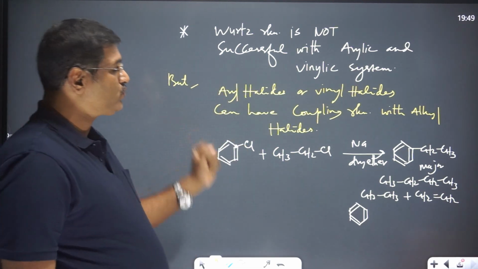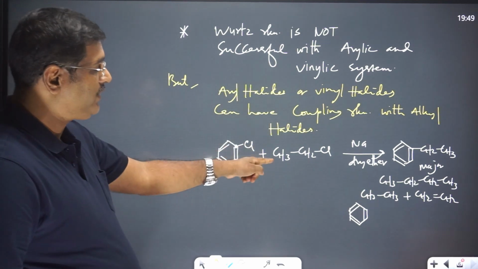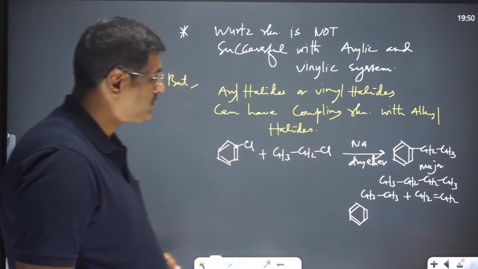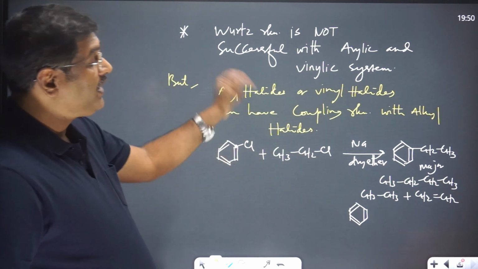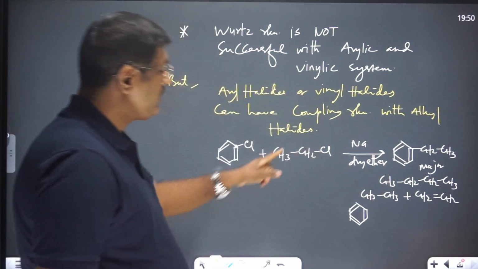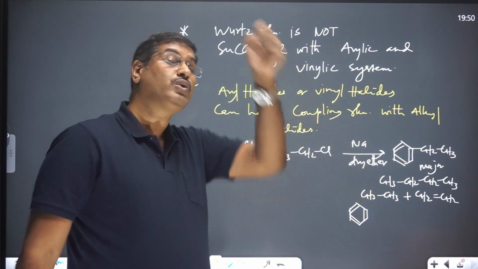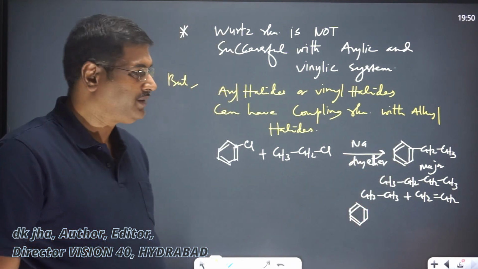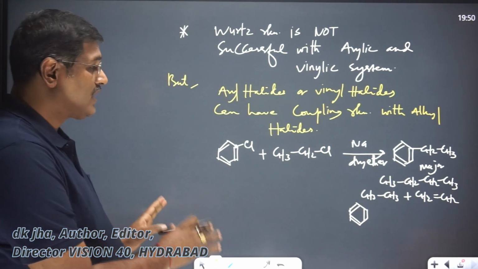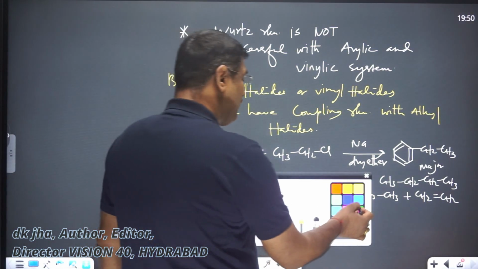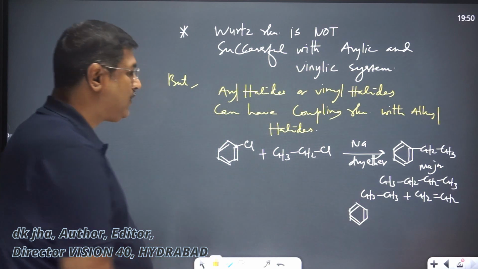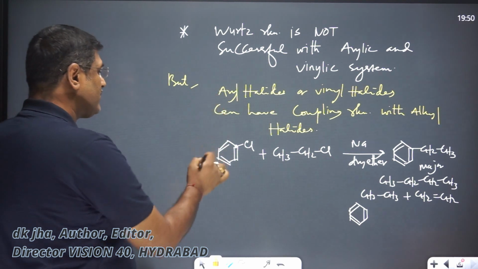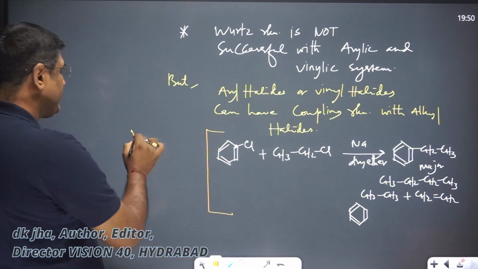This can accept those two electrons. This will pull out the hydrogen from here, and benzene will form. This will attack here, and ethylbenzene forms. When the ethyl carbanion attacks on the other ethyl halide, butane forms. When ethyl attacks on the beta and pulls out the hydrogen, then ethane forms and ethene forms, right? There is scope for this kind of reaction, and you know this is the modified one. This is the modified form. Later, it was Fittig who modified this one, and that's why this is called the Wurtz-Fittig reaction.